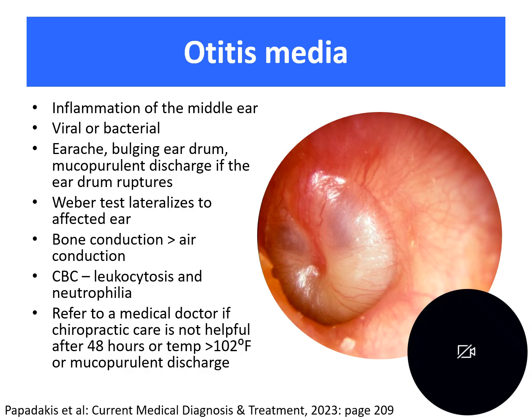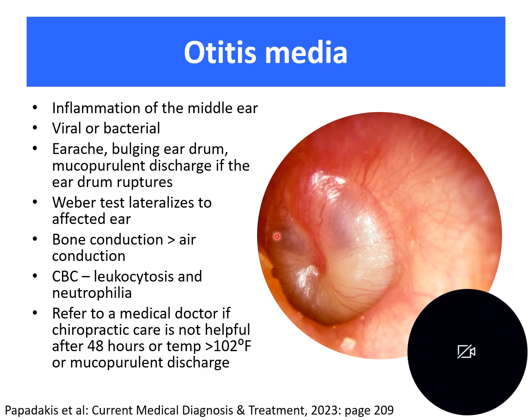that mucopurulent discharge, which is found behind the bulging eardrum, the only reason for that mucopurulent discharge to be seen out into the external ear canal in front of the tympanic membrane or eardrum is because there will be a perforation. And the perforation usually is up in the attic.